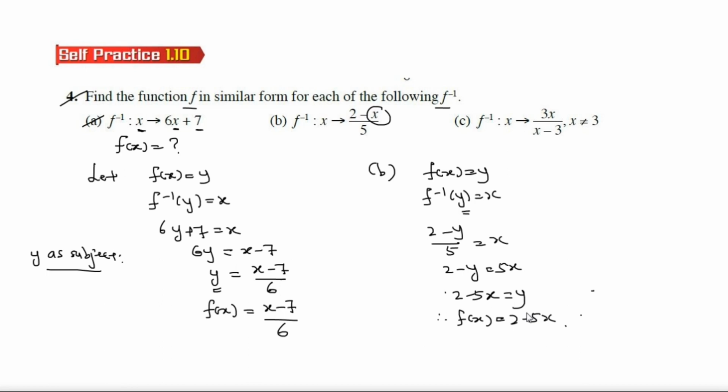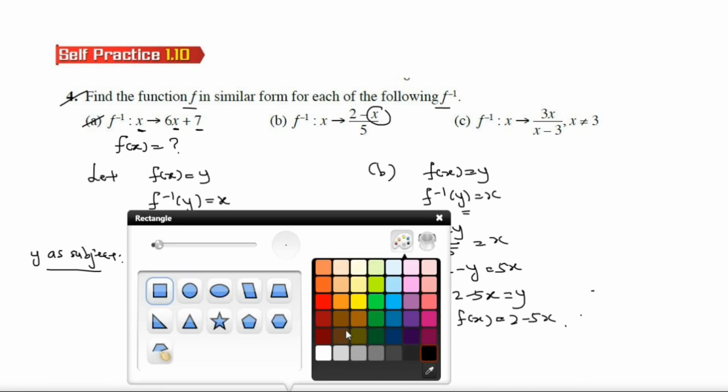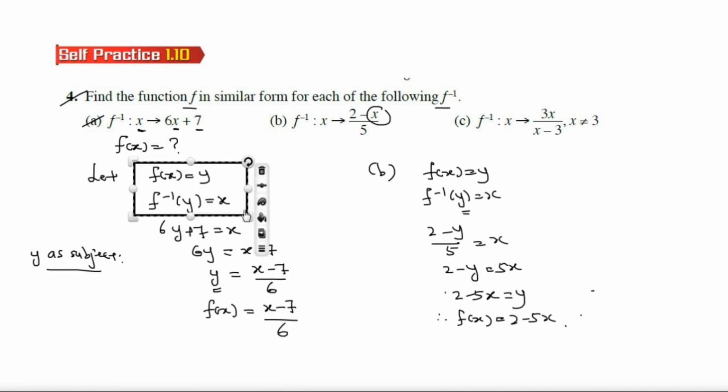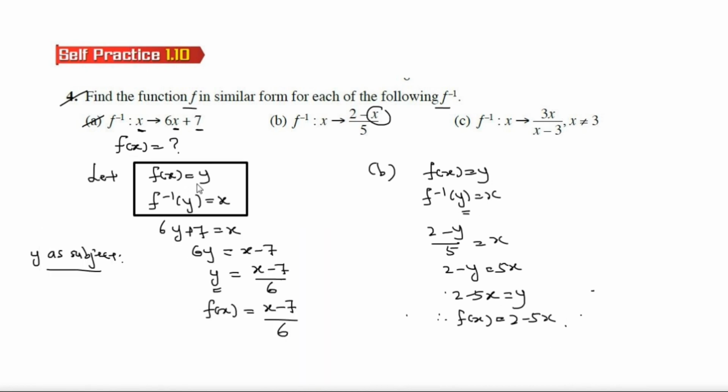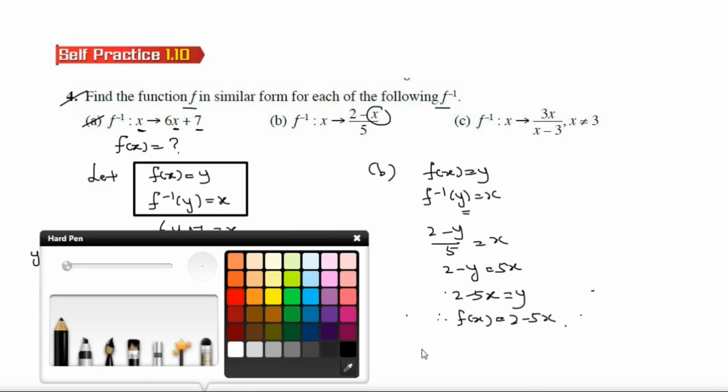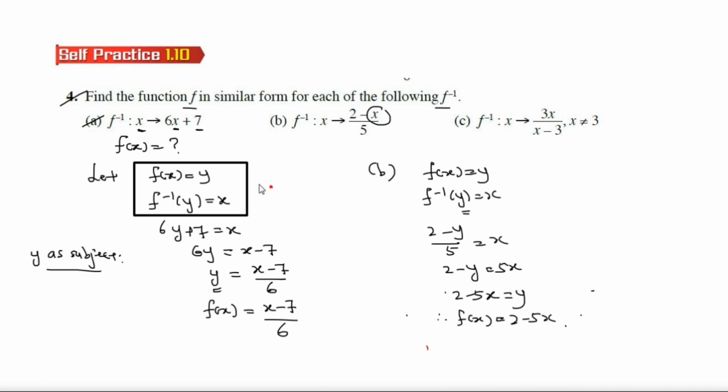Before I end this part, I would like to explain the meaning of these two sentences. What does it mean when we say f x equals y, f inverse y equals x? Let me explain in more detail by using a diagram. So we start from x. Maybe I use a different color. We start from x. x is the input.